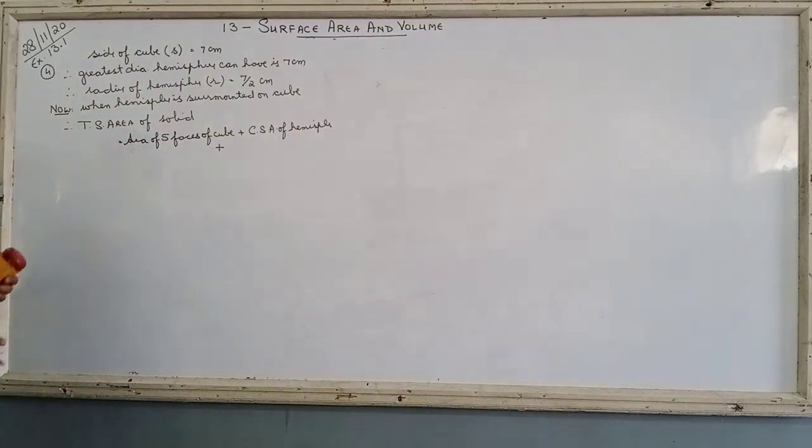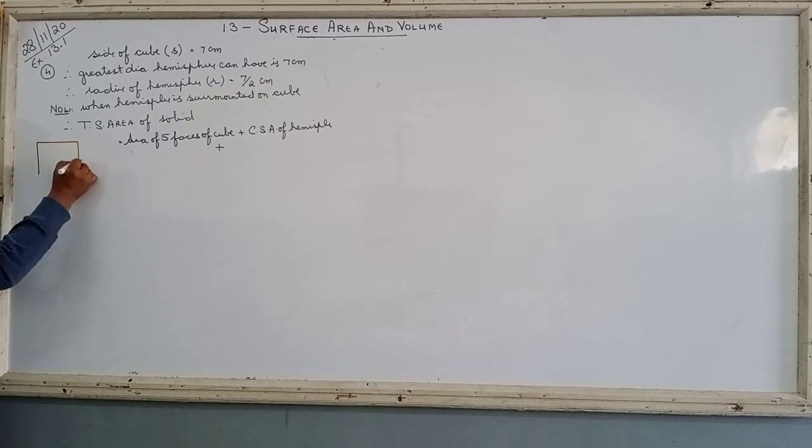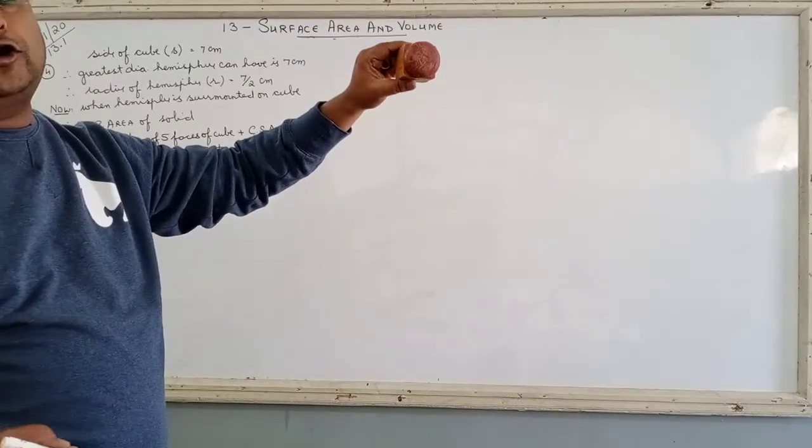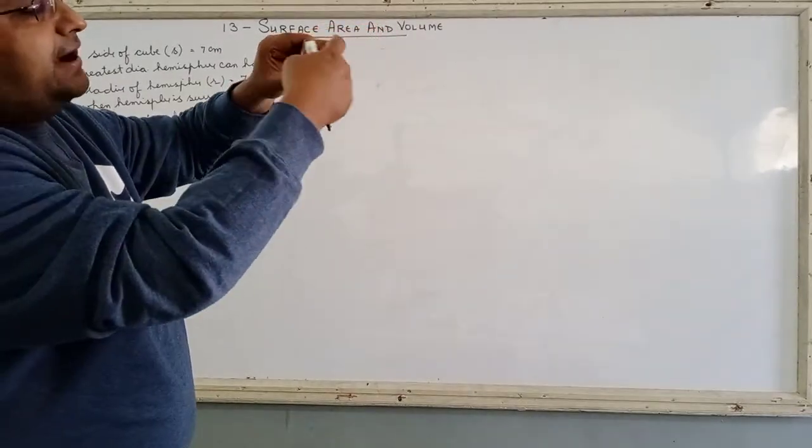Plus, now check, most important part which we miss. I am making this top view of this figure. This is the face of the cube on which hemisphere is placed. This is the top view. When you are able to look at it from the top, can you see this side of a cube?